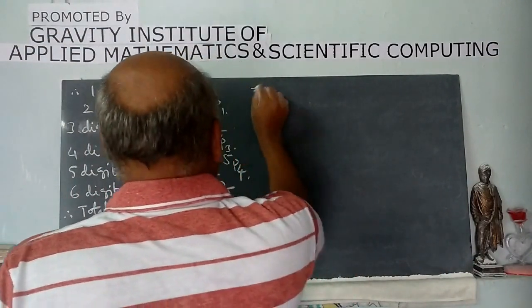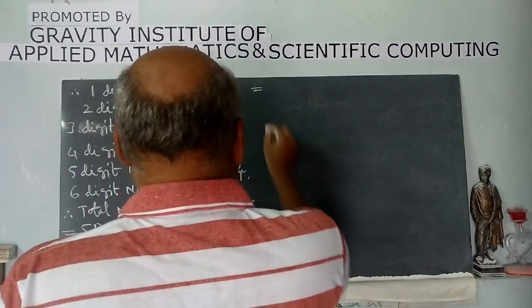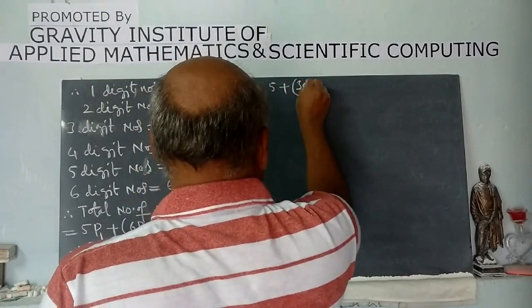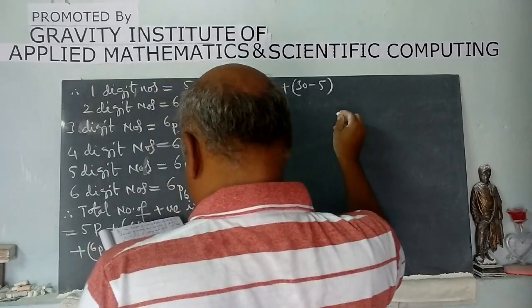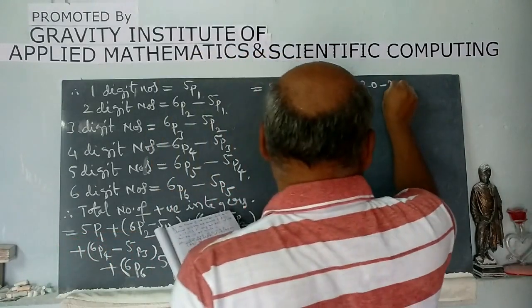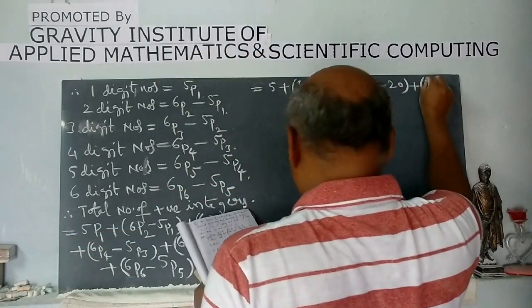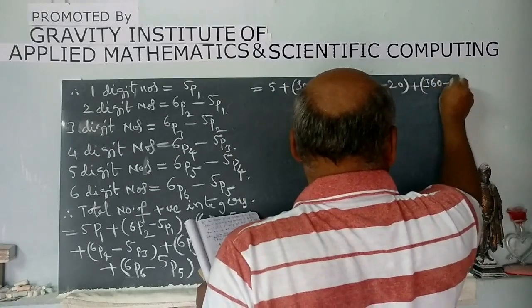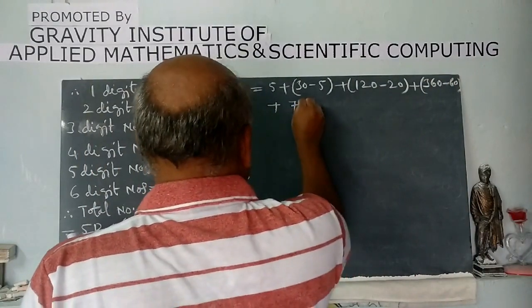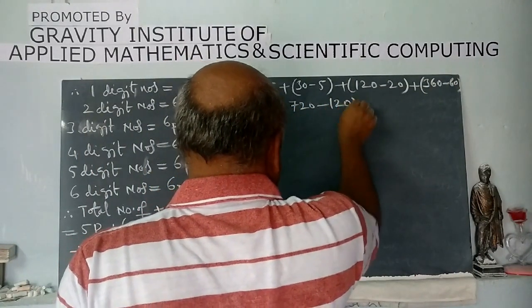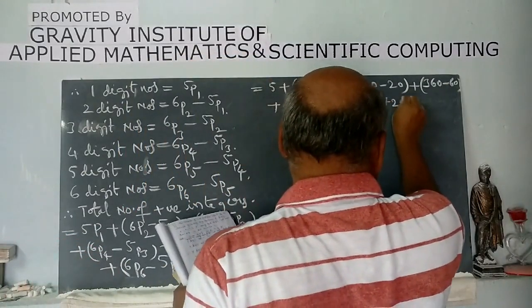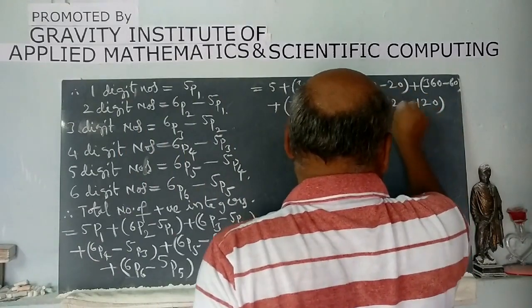So this is equal to 5P1, which is 5, plus 30 minus 5, plus 120 minus 20, plus 360 minus 60, plus 720 minus 120, plus 720 minus 120.